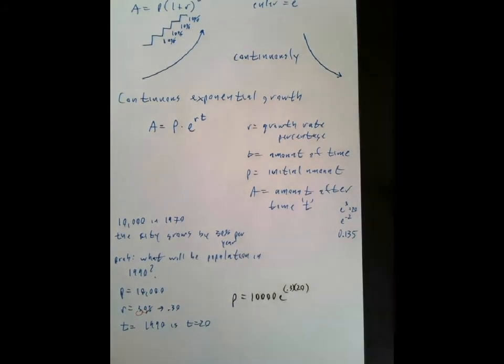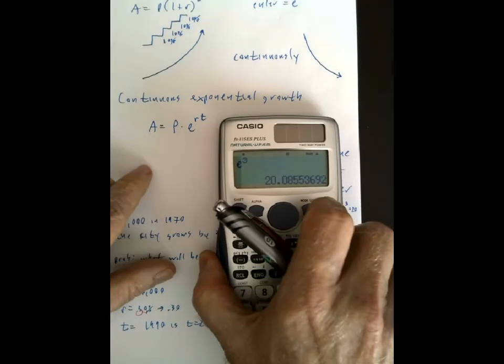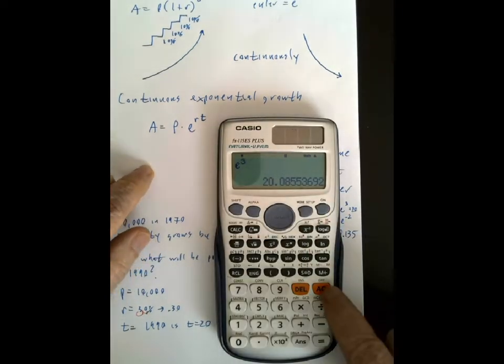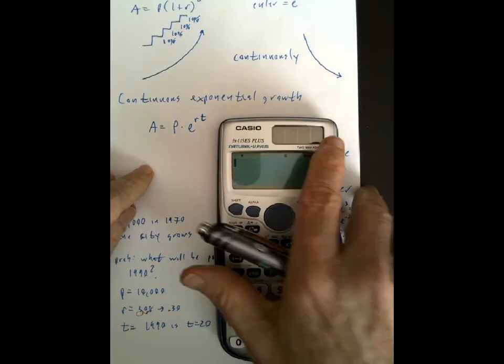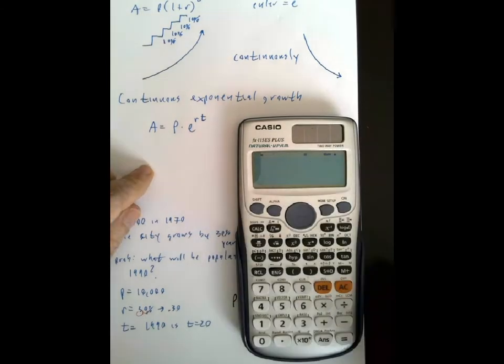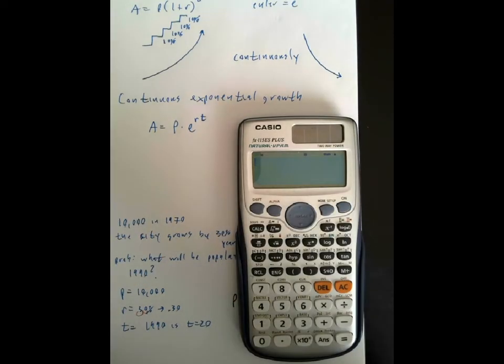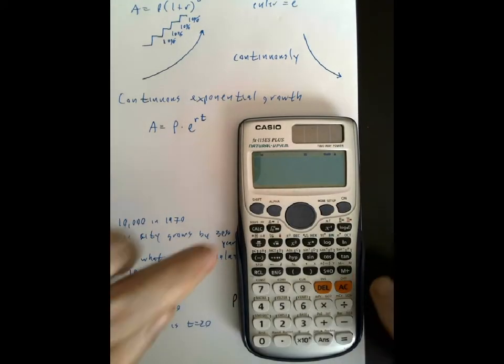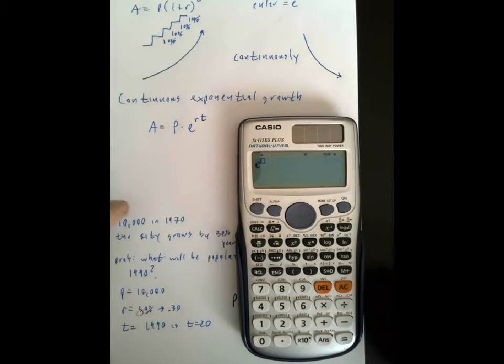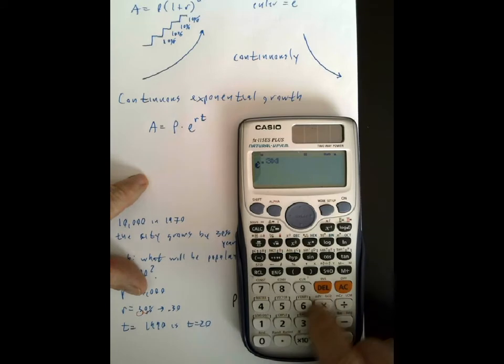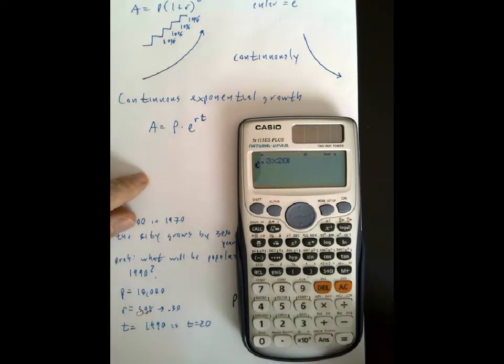All right? Good. Now we're going to plunk that into the calculator, right? Hopefully you can see that okay. Remember we do the exponential part first. So I'm going to do Shift E, and then 0.3 times 20 in that exponential position. It's 403.